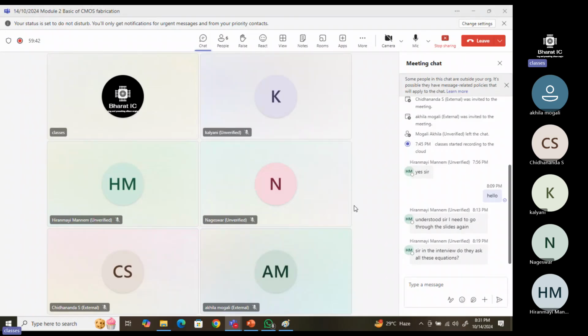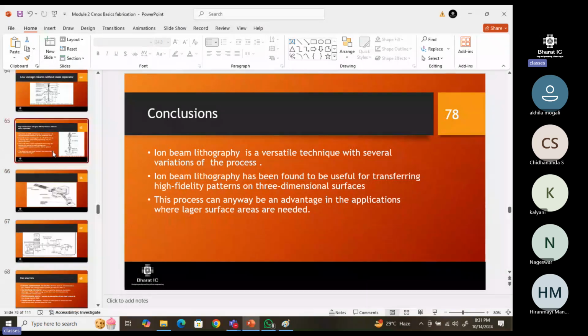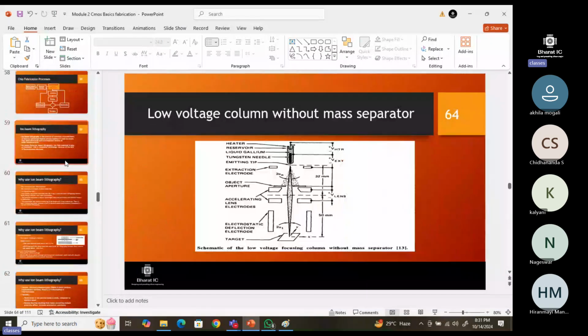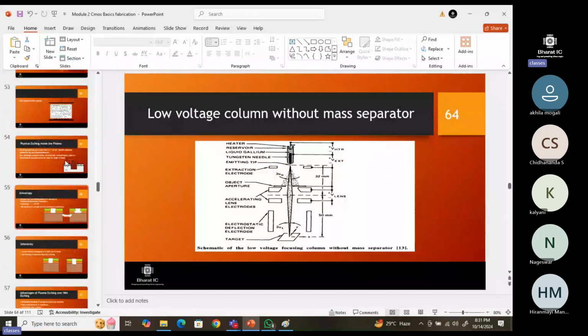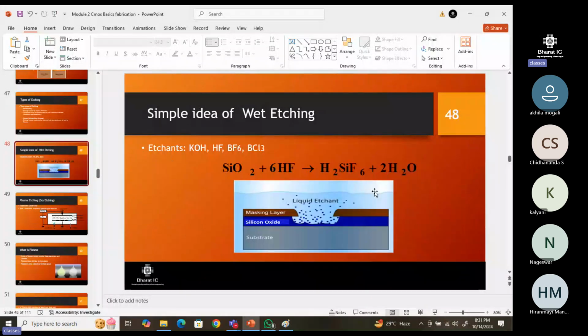Yes, Hiranmai, in an interview they will not ask the equations. Of course, they will not ask, but I already told a couple of equations in the earlier stages. In the etching process, I told one equation. I remember that equation they might ask, the one on how the etching is done.